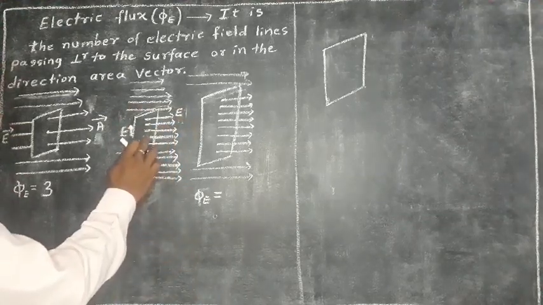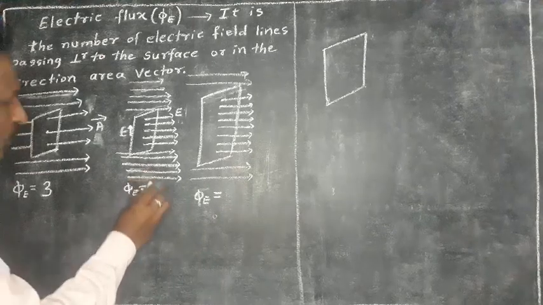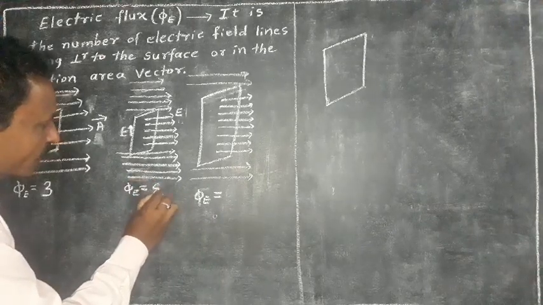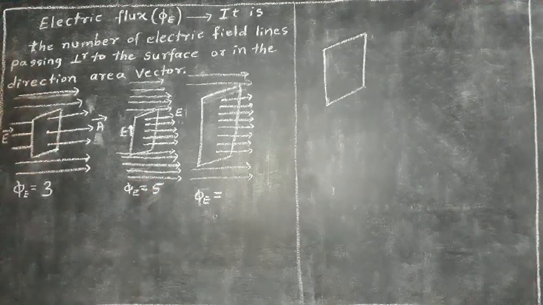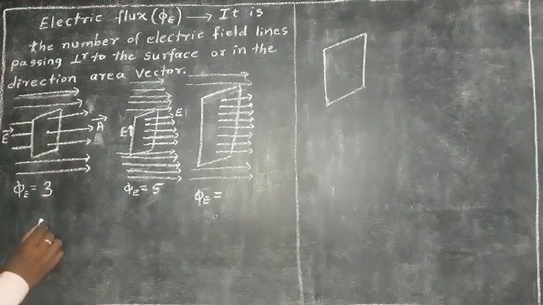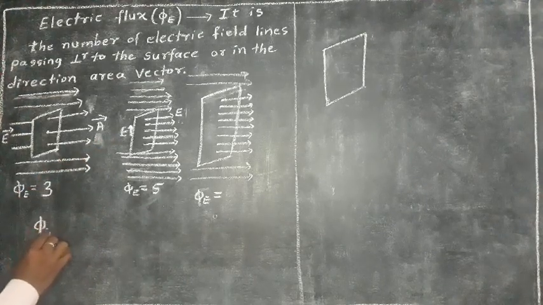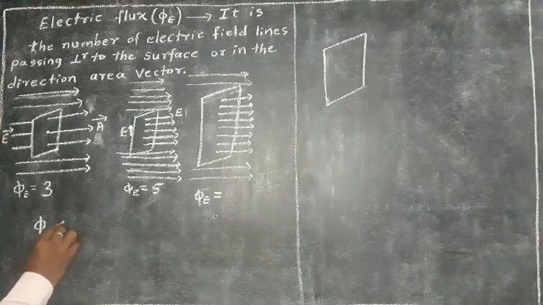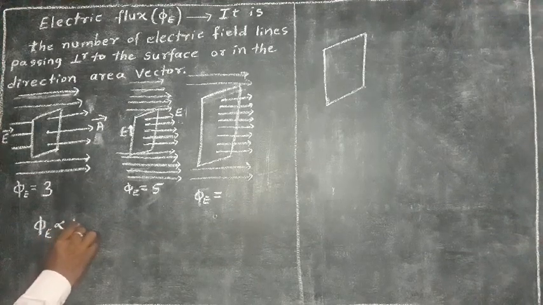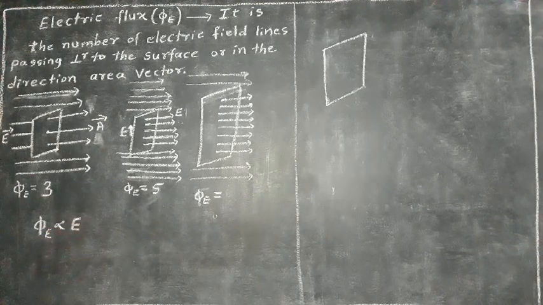Therefore here 1, 2, 3, 4, 5 field lines are passing through the surface. Therefore electric flux is directly proportional to intensity of electric field.